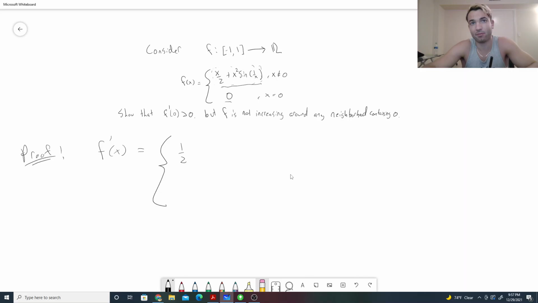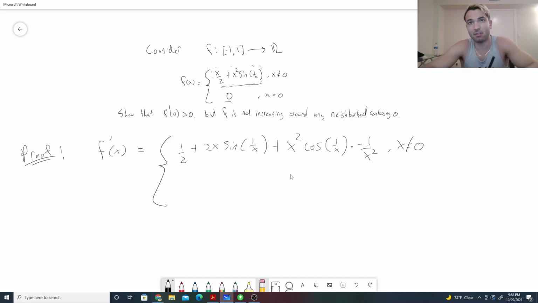It's 1/2, plus the derivative here. Well, this is the product rule, so it's 2x times sine of 1 over x plus x squared times cosine of 1 over x times -1 over x squared when x is not equal to 0.